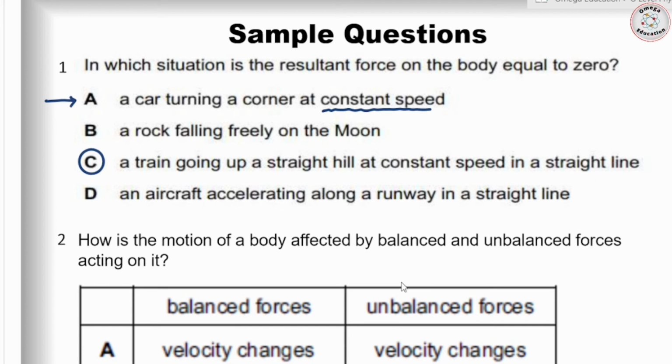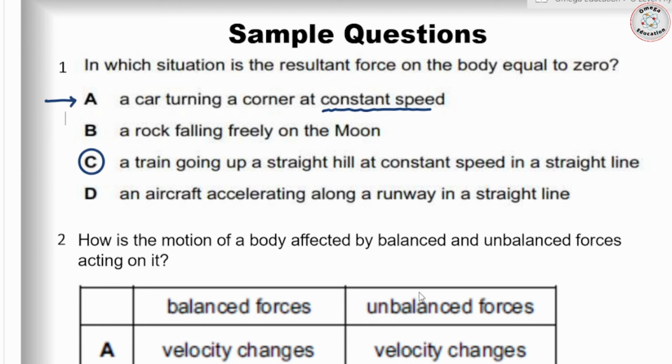You see, there was one thing with the balanced forces we said, and I mentioned it explicitly. If you're using the word constant speed, then you have to say constant speed in a straight line, which means with constant velocity. But when you're turning a corner, it means you're not moving in a straight line. Your direction changes as you're turning.